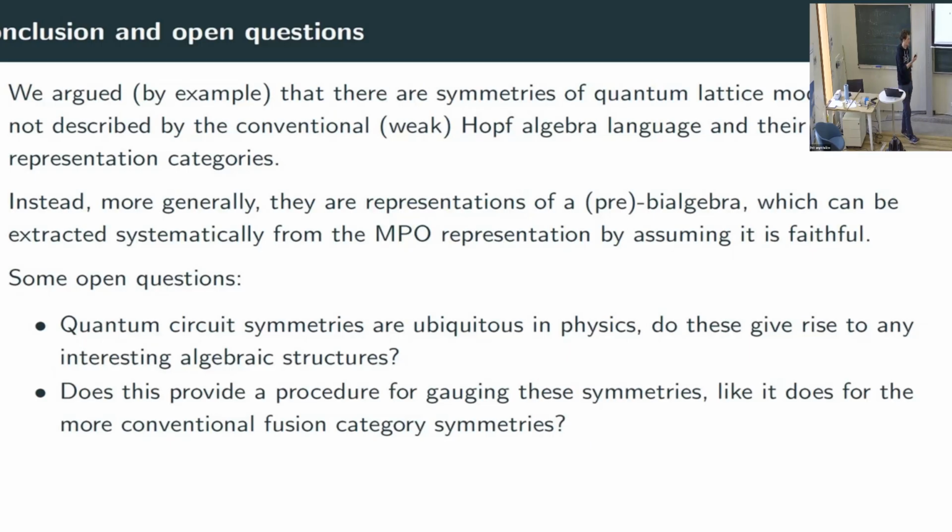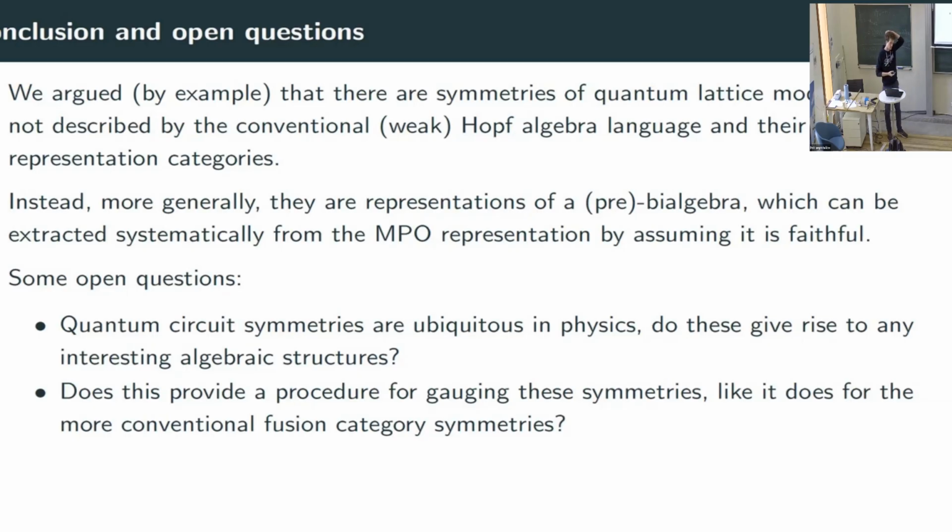And the question is, given that we now have such an algebraic construction for these symmetries, do we know how to gauge them? If the symmetry is anomalous, you shouldn't be able to gauge it. Can you still gauge that symmetry? There are other non-anomalous symmetries that people know that are not on-site, for which people don't know how to gauge them. And this would give you a prescription for doing that.